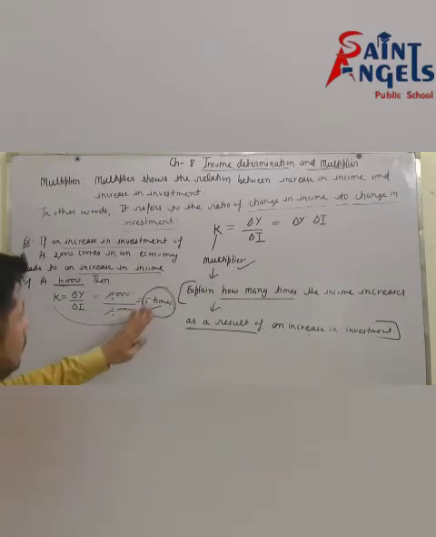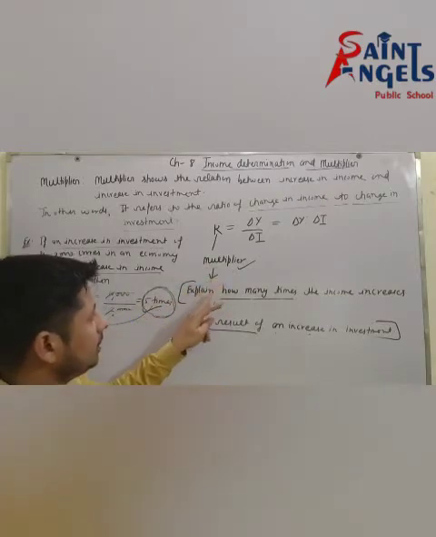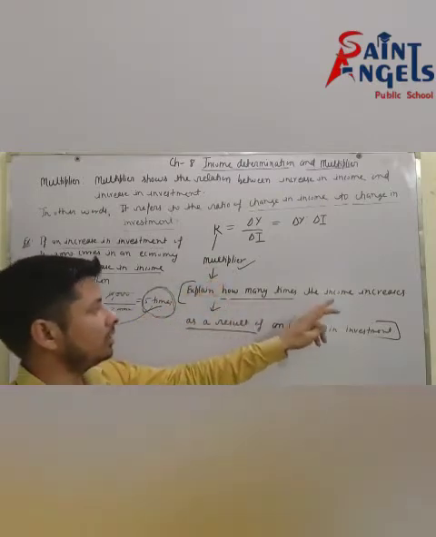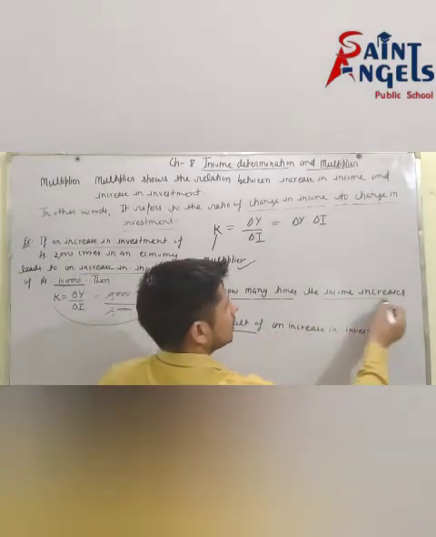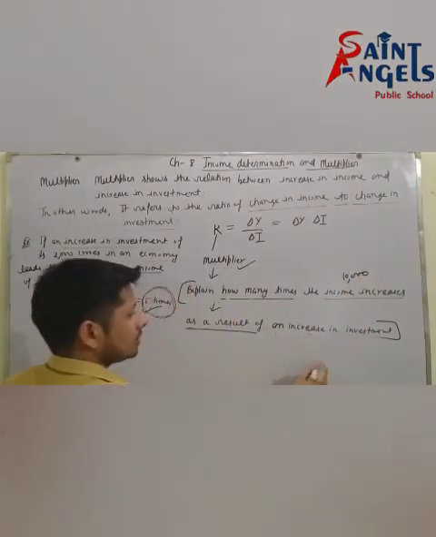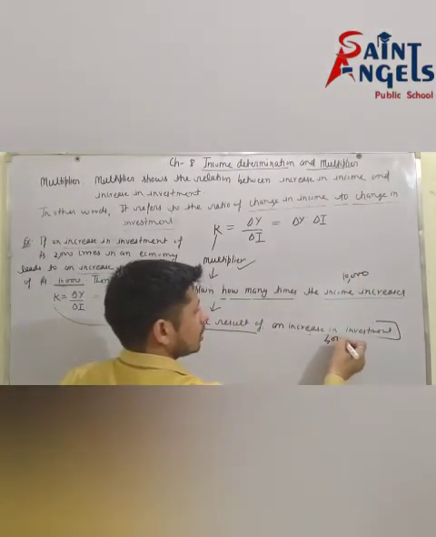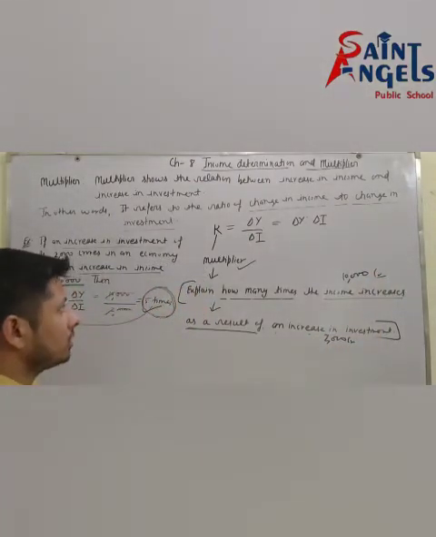So I hope all of you have understood what we mean by multiplier. Multiplier explains how many times the income increases as a result of an increase in investment. Here, according to this example, income increases by 10,000 and the increase in investment is 2,000 crores.